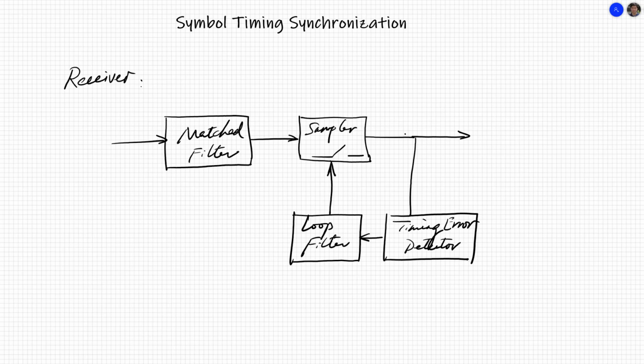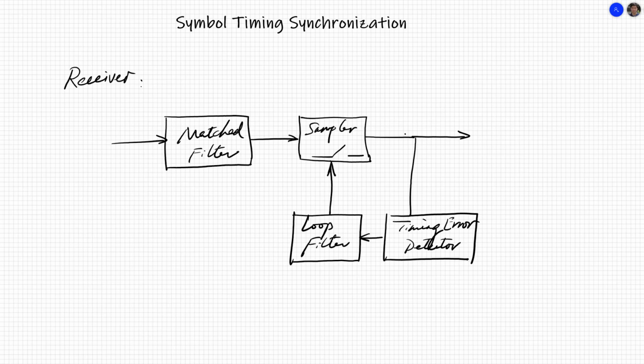Here we have the same idea: an online loop where we detect some error and use that error to control and offset the sampler. This time, we are adjusting the timing for synchronization. Once the entire loop is locked, we achieve symbol timing synchronization.